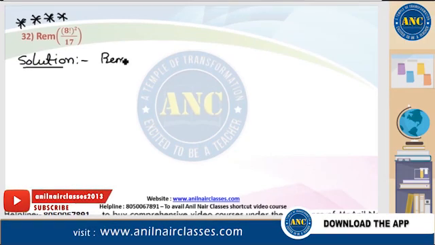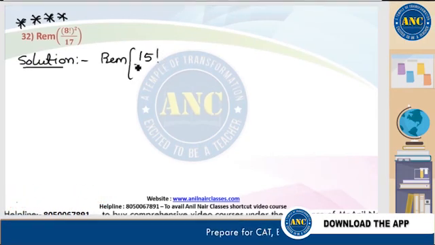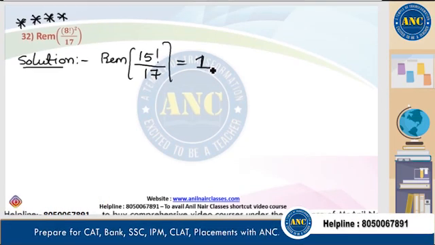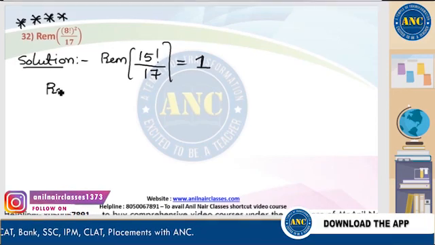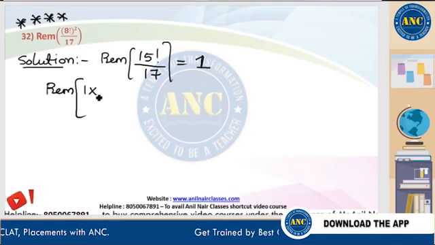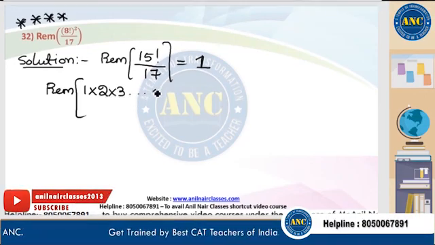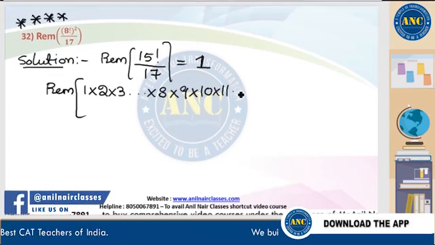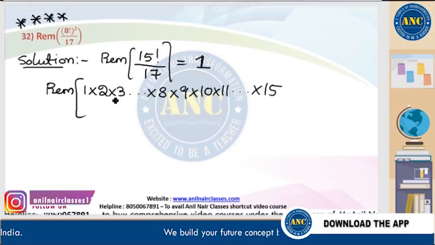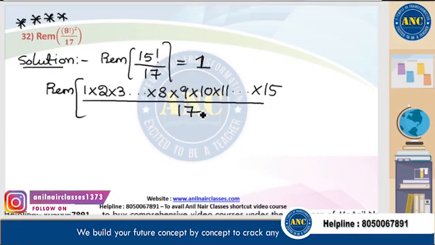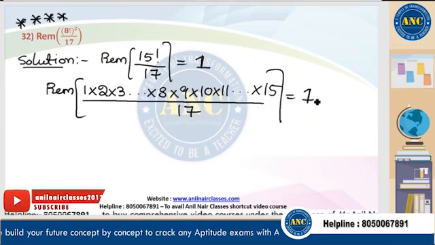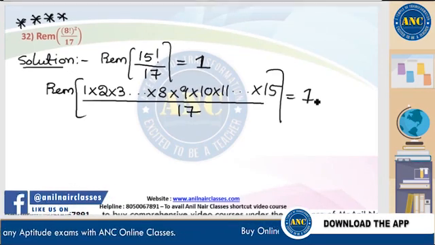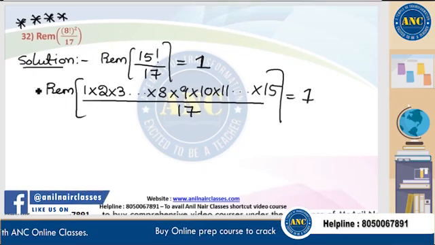We know that 15 factorial when divided by 17 leaves remainder 1. 15 factorial can be written as 1, 2, 3 and so on up to 8, next is 9, 10, 11 and so on up to 15. When divided by 17, the remainder is 1.